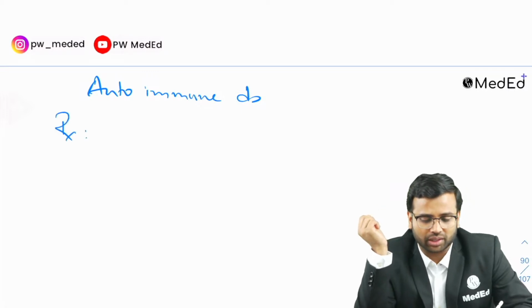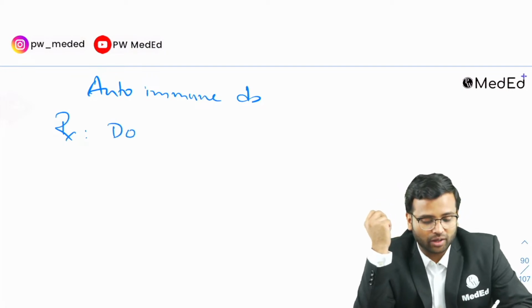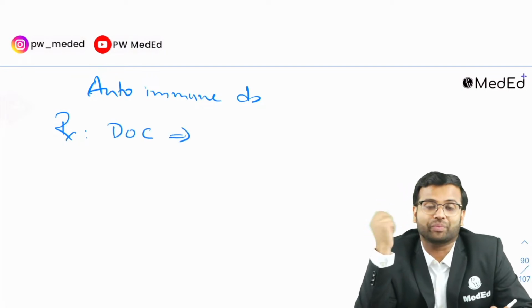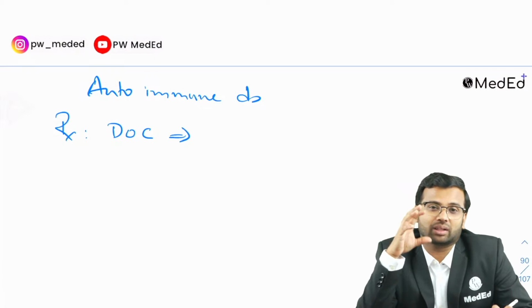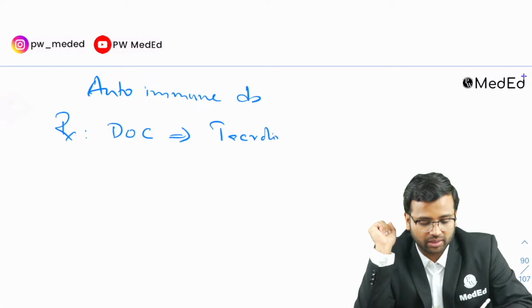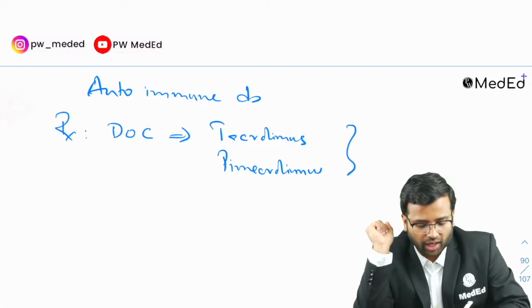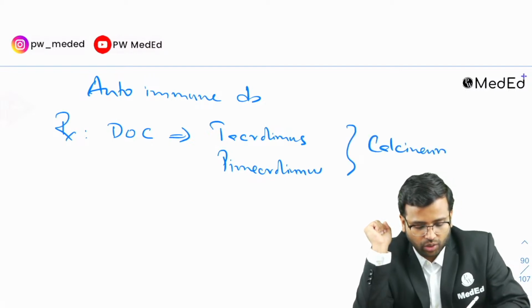So when it comes to the treatment part of vitiligo, our drug of choice for vitiligo is going to be a calcineurin inhibitor. It's called as tacrolimus or pimecrolimus. So these both are called as calcineurin inhibitors.